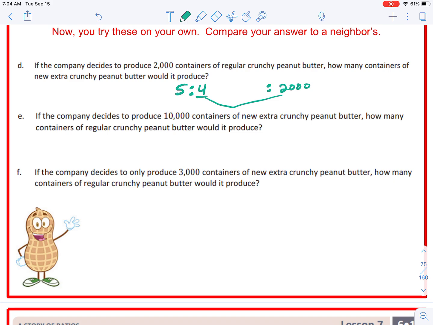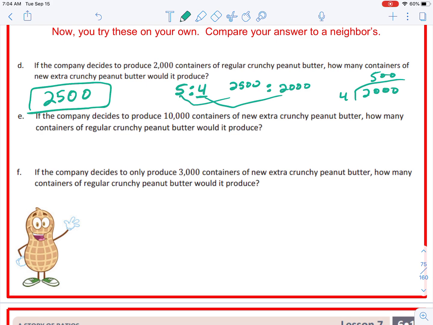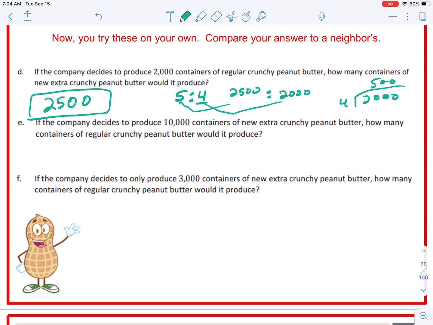So what times 4 equals 2,000? 500. So what's 5 times 500? 2,500. So our answer is 2,500.